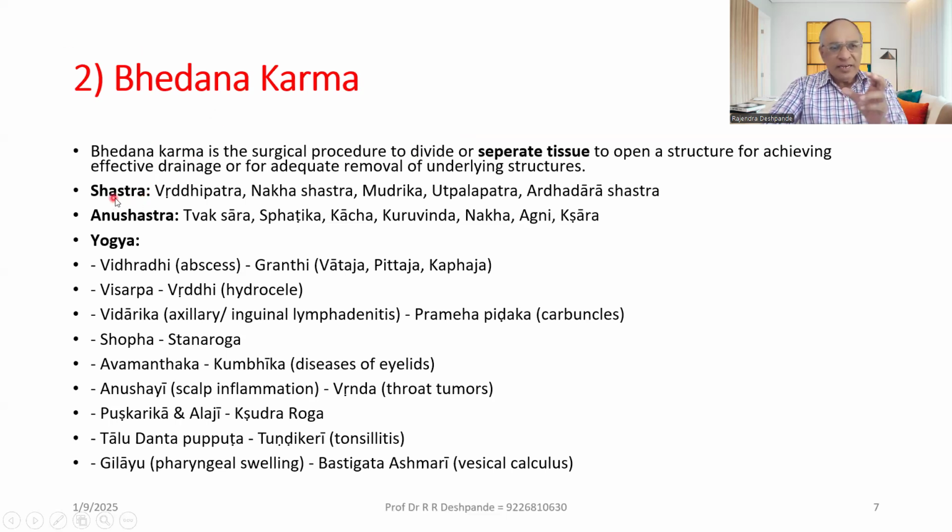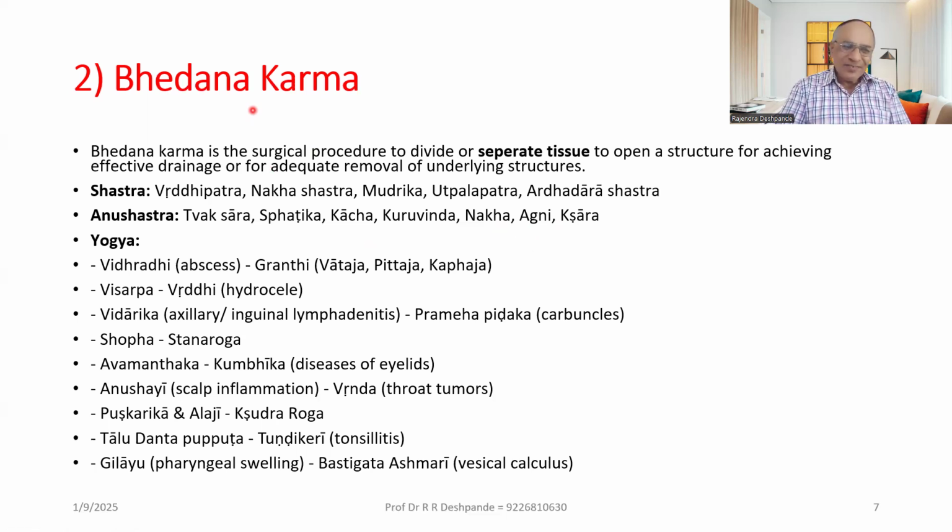Here is a list of Shastra, that is instruments: Vriddhi Patra, Nakh Shastra, Mudrika, Utpala Patra, and Ardha Dhara Shastra. And which Anushastras can we use? Tvak, Sara, Sphatika, Kach, Kurvind, Nakh, Agni, and Kshara. They are used for the Bhedana Karma.